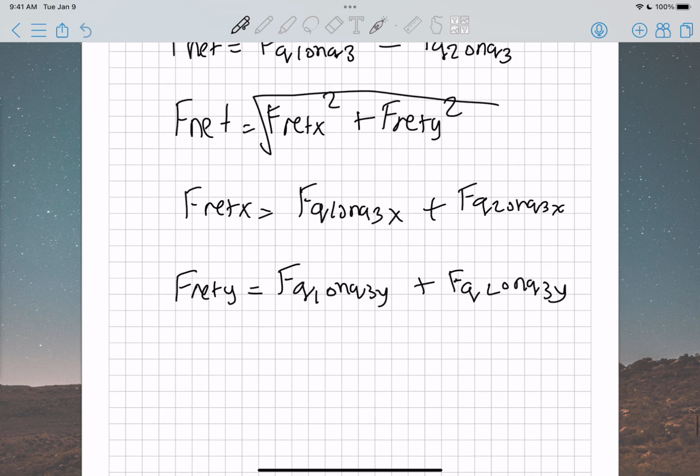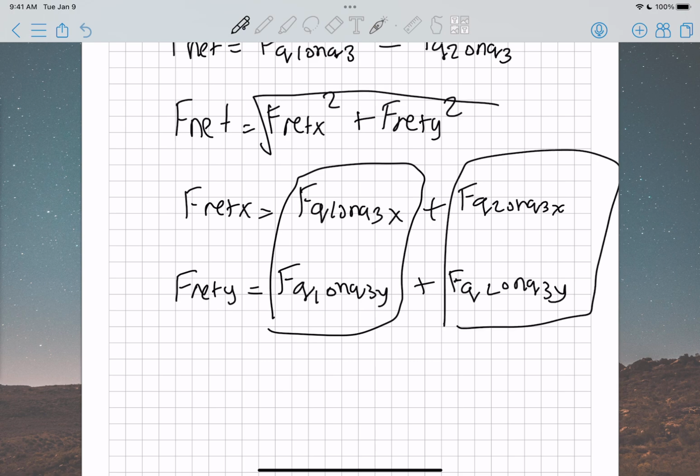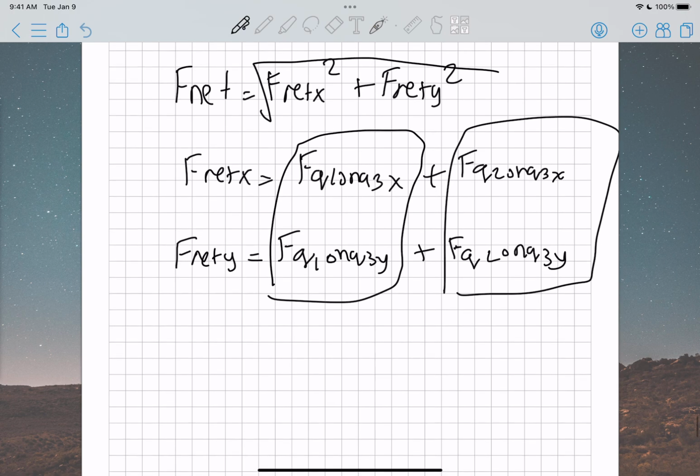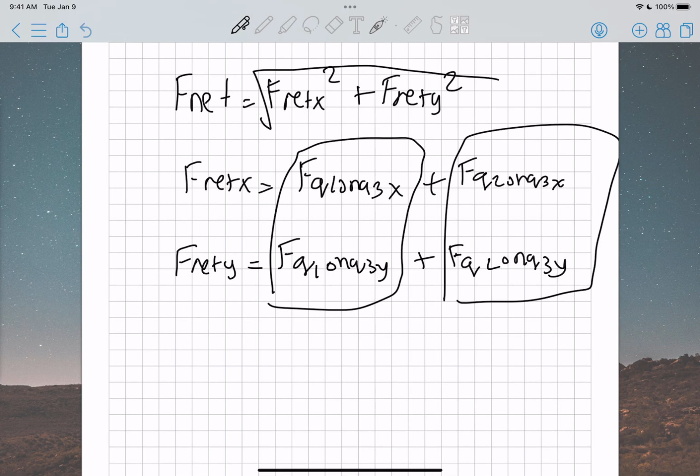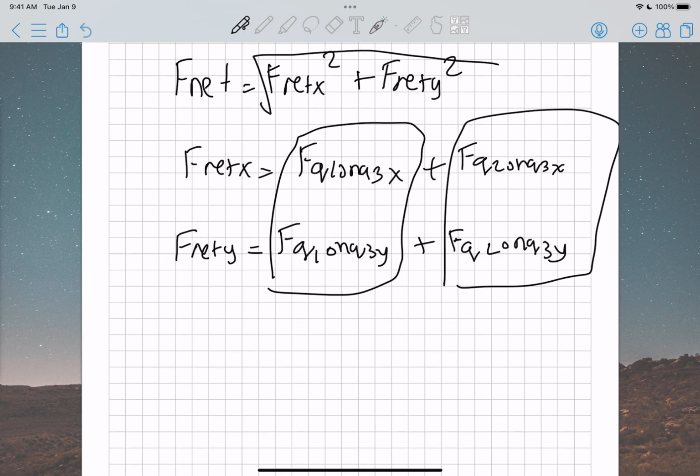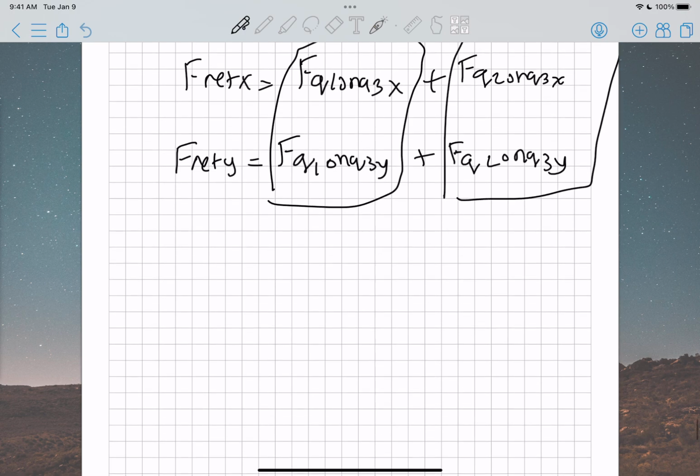We already figured out F Q1 on Q3 x and y from part A. So we just have to figure out what these are. We already figured out the angle from part B. So for F Q2 on Q3 x, that's going to be equal to F Q2 Q3 times cosine, my bad, cosine of that angle phi.